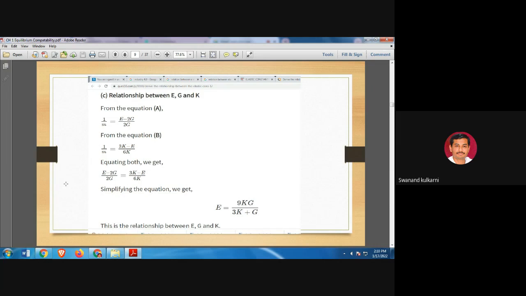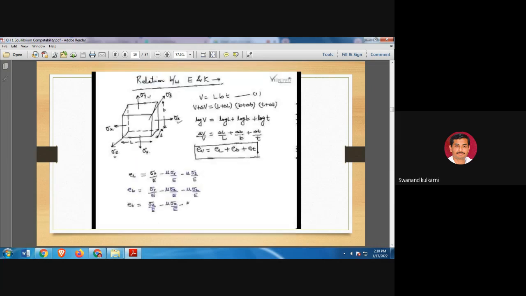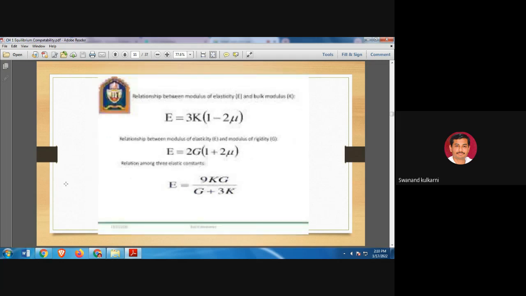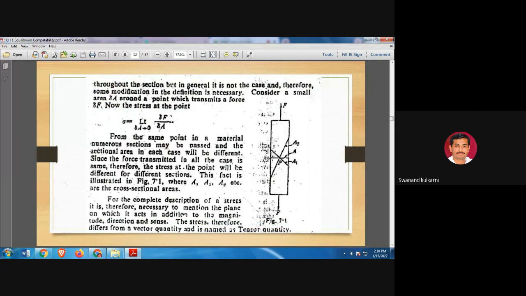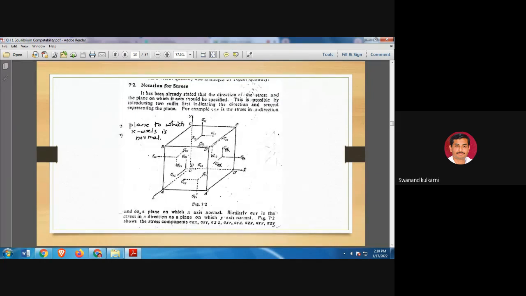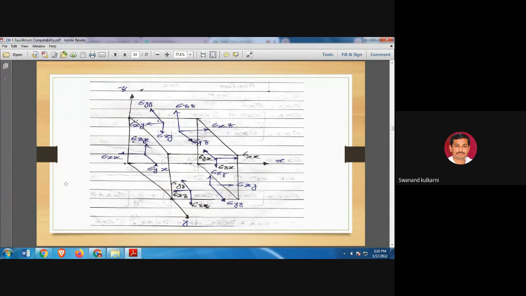So all these relations are shown here: E is equal to 3K into bracket 1 minus 2 nu, E is equal to 2G into bracket 1 plus nu, and E is equal to 9KG upon 3K plus G. This is the relationship between the elastic constants shown here. Now let us observe this particular figure. All of you please check this figure.